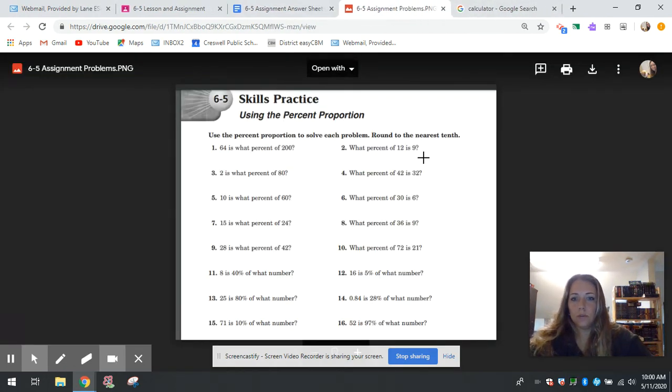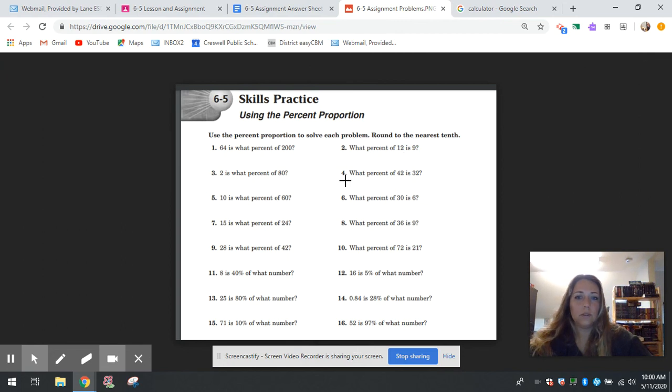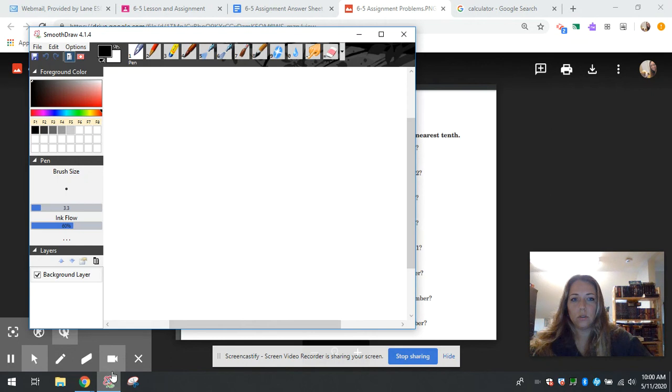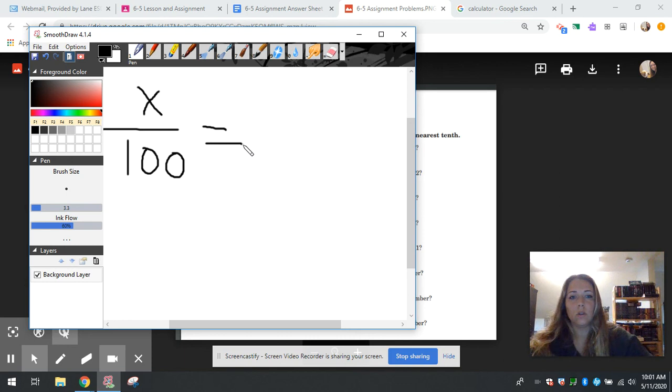What percent of 12 is 9? We don't know what the percent is. We know percents are always out of 100. Of 12, so if "of" precedes the number, or goes right before the number, then you'll write that number on the bottom. Of 12 is 9.